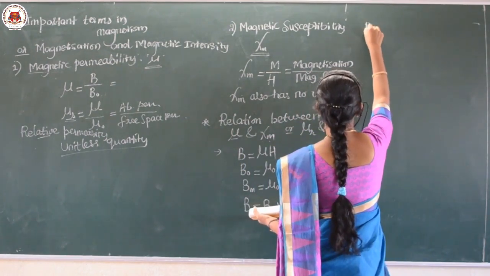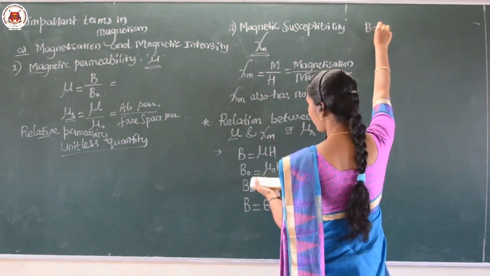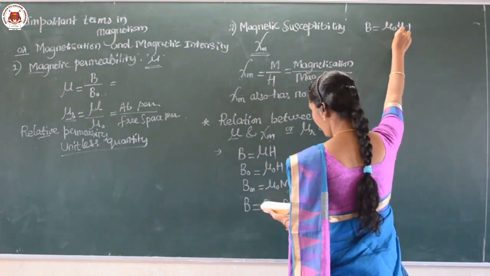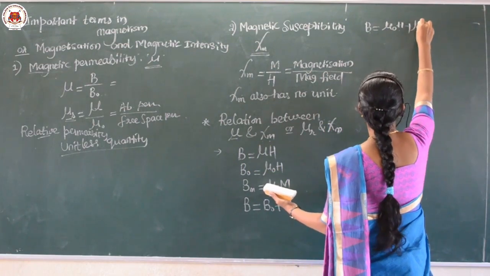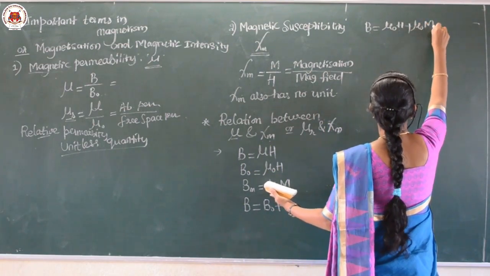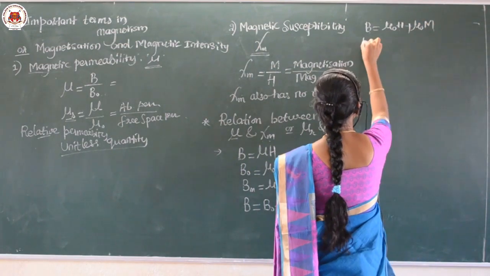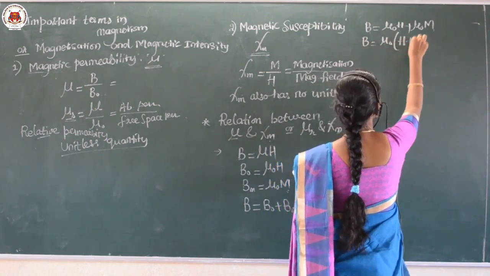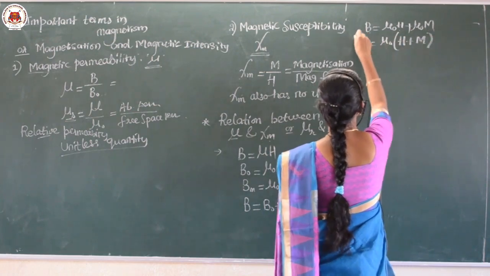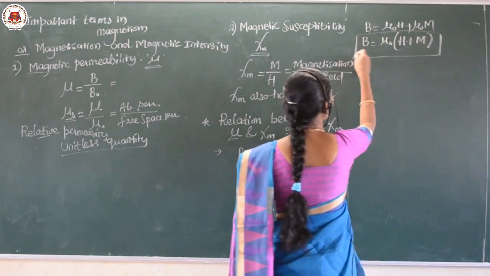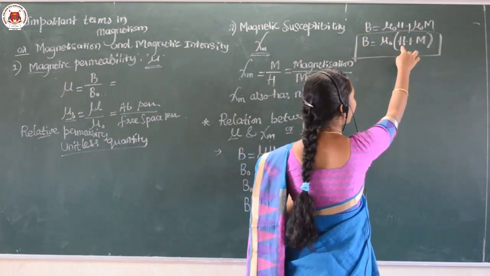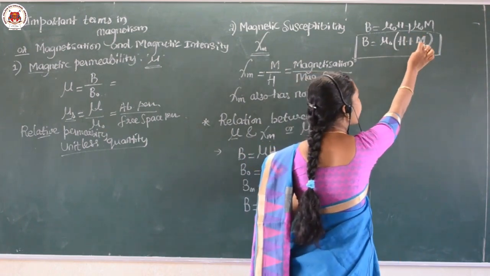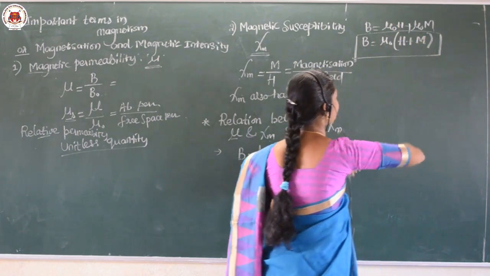B naught is mu naught H and Bm is mu naught M. If you take mu naught common, that is mu naught into bracket H plus M. This is another important relation between the magnetic induction B, magnetizing field H and the magnetization M, or intensity of magnetization.